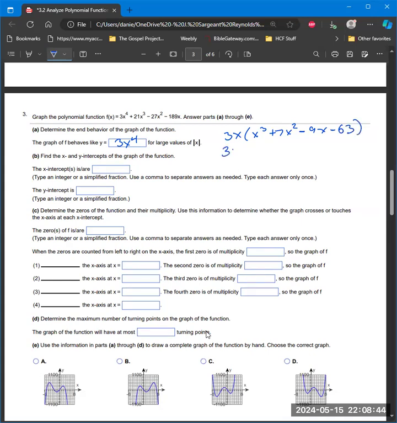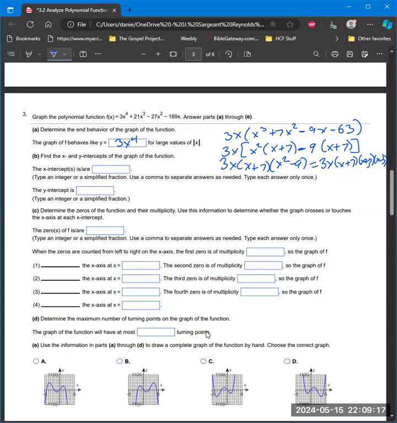And then that's 3x times x squared times (x + 7) minus 9 times (x + 7), which has a common factor of x + 7 and leaves me with x squared minus 9, which is 3x(x + 7)(x + 3)(x - 3). X squared minus 9 is a difference of squares that factors into (x + 3)(x - 3).